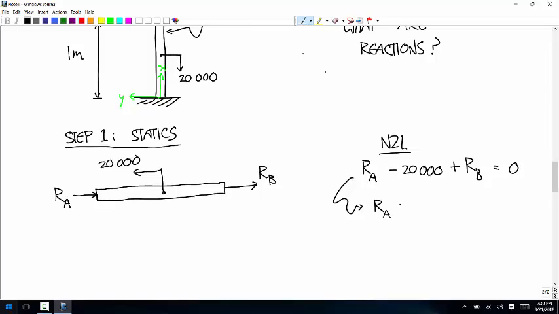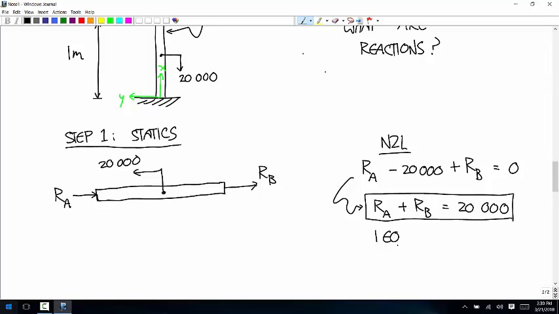I'll rewrite that as RA plus RB is equal to 20,000. We don't get anything from the Y equation from Newton's second law. We don't get anything from the moment equation, so this is it. We have one useful equation, two variables, and that's the definition of statically indeterminate.